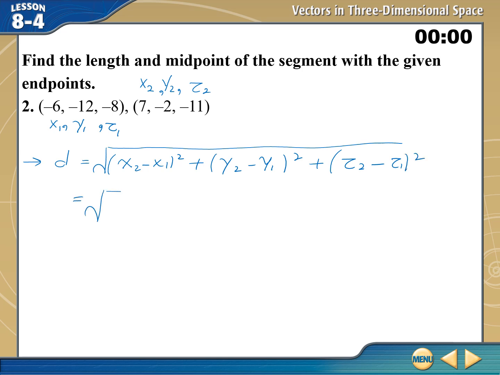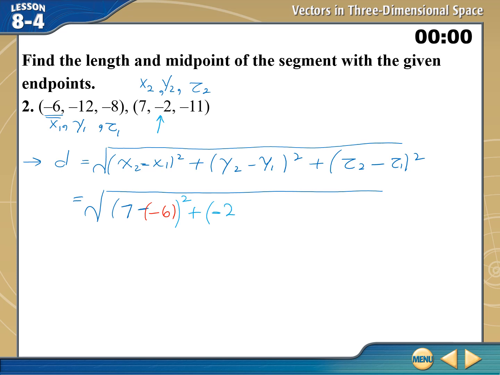After that, you just substitute the values. x2 is 7, then this minus is here, and x1 is negative 6. Write it as negative 6 in brackets, because two signs we cannot write together. Don't forget to close this bracket and put the power 2. Then plus y2, which is negative 2.